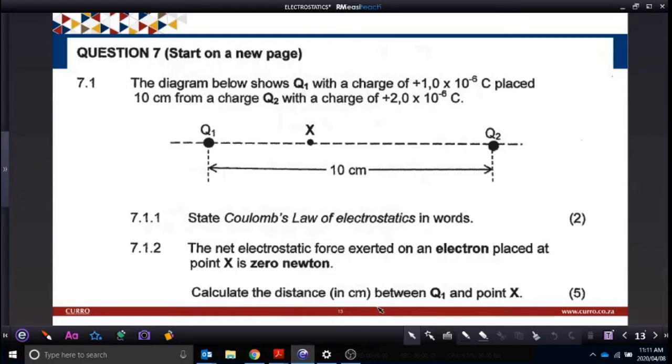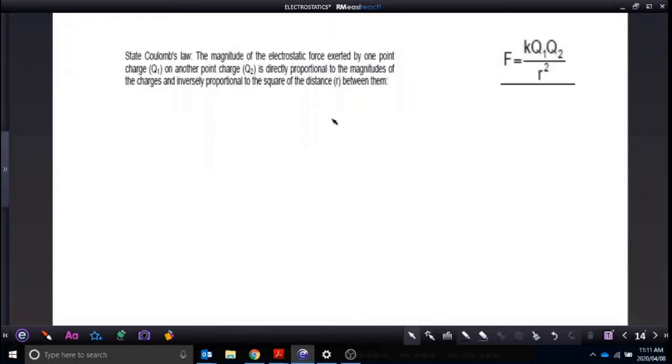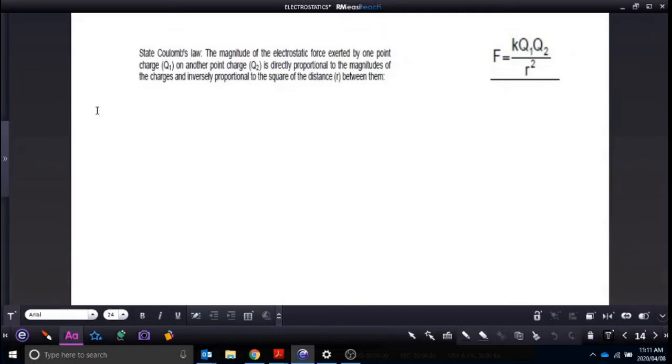Calculate the distance in centimeters between Q1 and point X. Okay, so for 7.1.2, the net electrical force is then equal to 0 newtons at X. So what are we going to do?